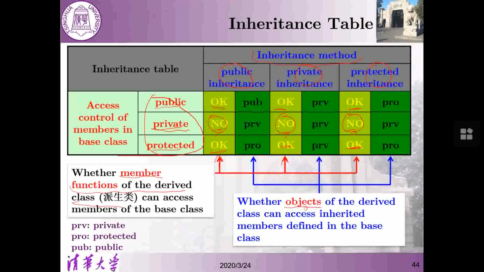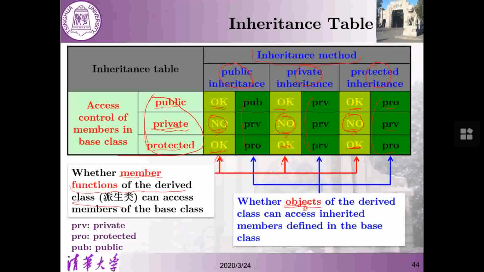For public inheritance, all the access control keeps unchanged. If we do private inheritance, all the base members become private. Okay? So in this case, we cannot access it, right? Because it is private. If we have protected inheritance, still we cannot access because they are protected and private.